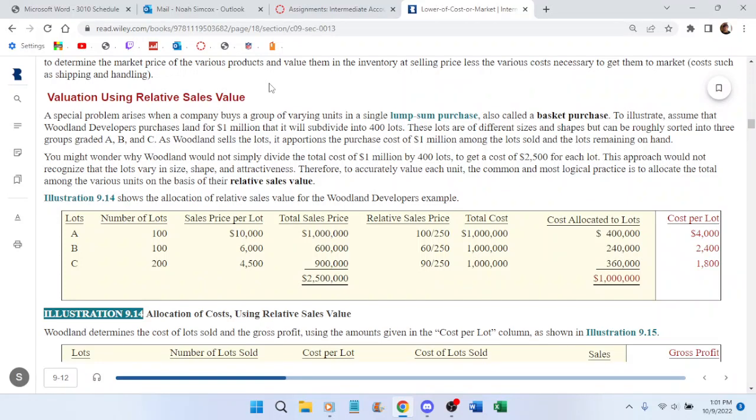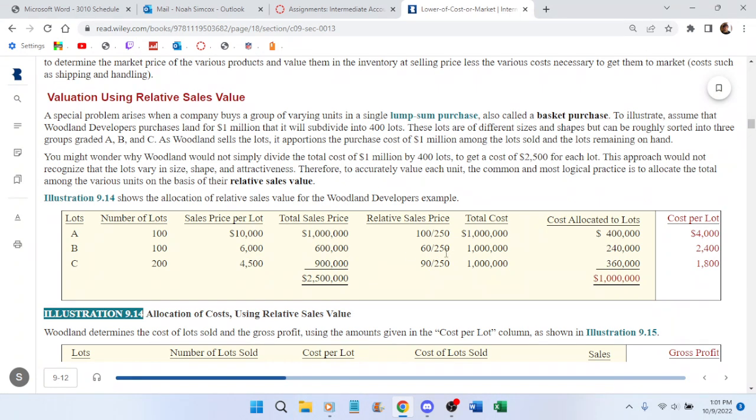Wait, because they bought the lot at $1 million, they're going to sell it at a total of $2,500,000. So they're going to create the prices first. So they're going to have these prices, total sales price, relative sales prices, this number divided by this number.